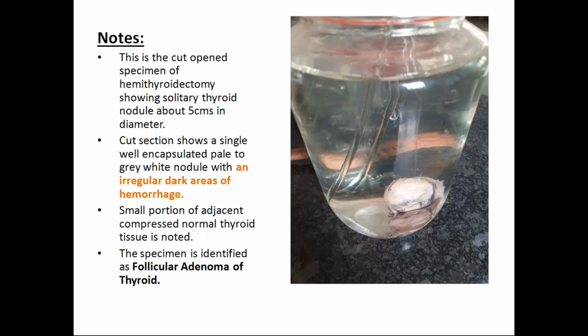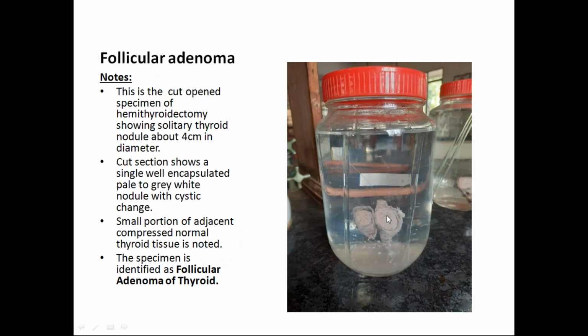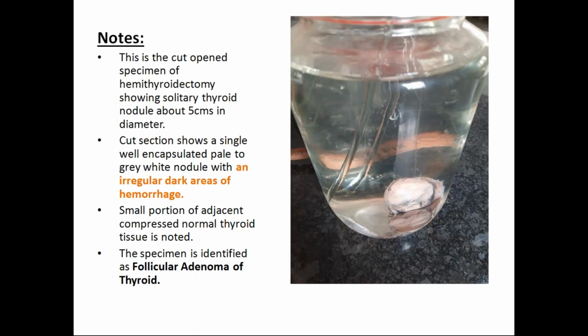The description is similar to both of these, but the size is different as well as an irregular dark areas of hemorrhage is noted. In this specimen, we can see the irregular dark areas of hemorrhages. Whereas in this specimen, we can see cystic spaces, very few cystic spaces. This is the only difference between these two.